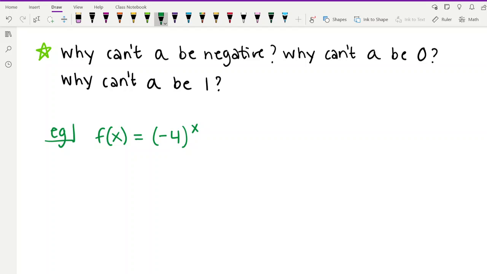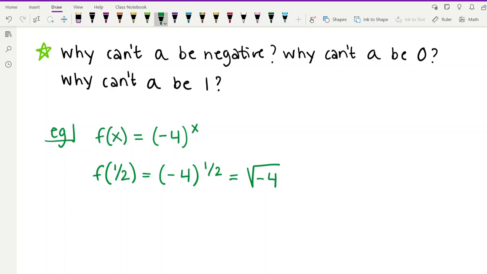For example, let's try to plug in 1/2, because, as we'll see in a little bit, the domain of exponential functions is all real numbers, so you should be able to plug any number you want into an exponential function. What would happen if we plugged in 1/2? Well, we would get negative 4 to the 1/2. What's another way of writing that? That would be the square root of negative 4.